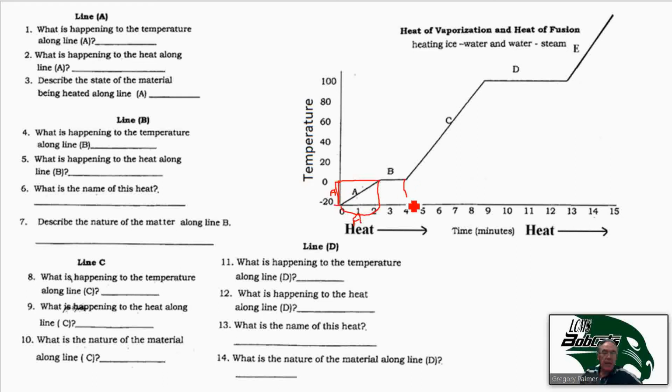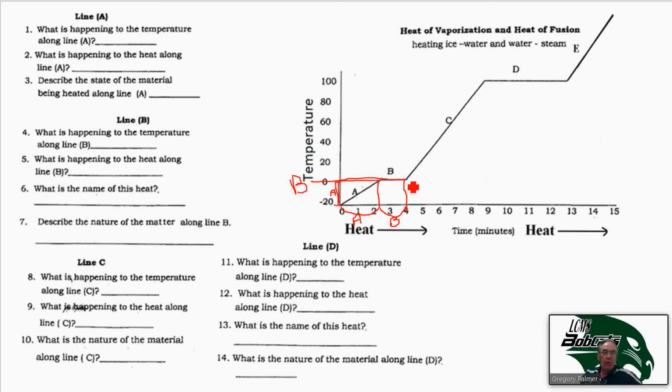Now for line B, this is line B on the x-axis. But when we look at line B on the y-axis, it's just one point. So what it's showing us is that during the time that the substance is being heated, no matter what point in time or as the heat increases, line B always stays the same.